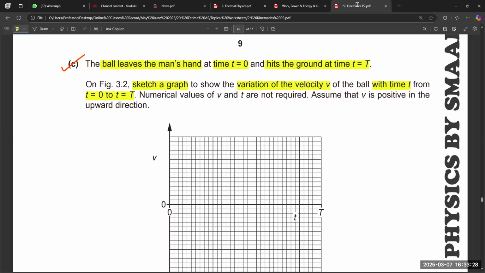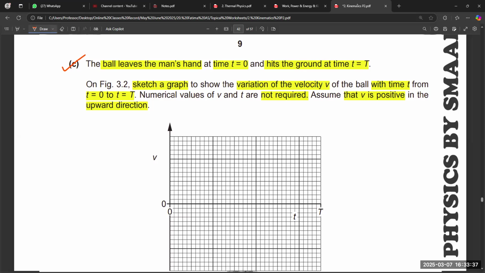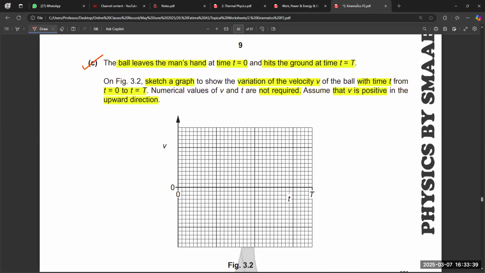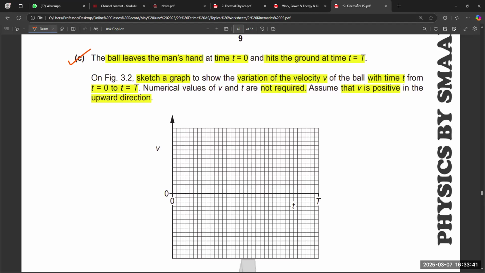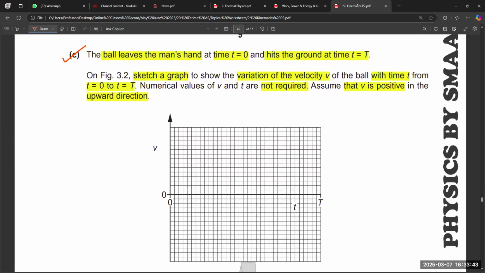Numerical values are not required. Assume that v is positive in the upward direction. So any idea about the graphical representation, how to complete this graph? If we consider positive v for the upward motion and negative v for the downward motion.